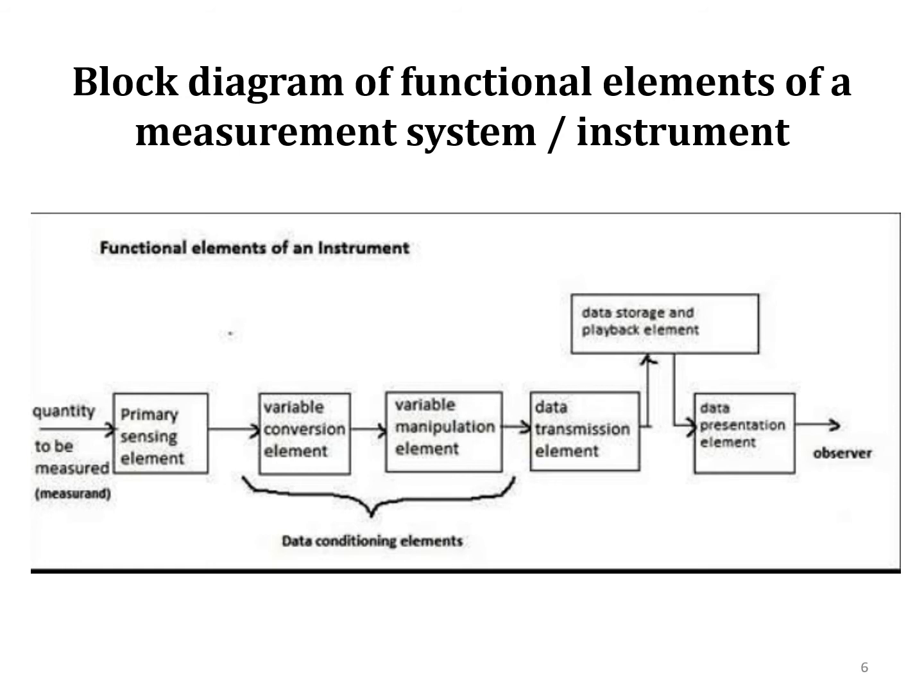The output from this then moves on to the data transmission element, and from there it is given to the data storage and playback element, and then to the data presentation element. So the raw data given at the primary sensing element becomes processed data at the observer side.